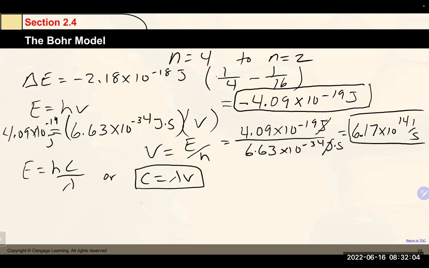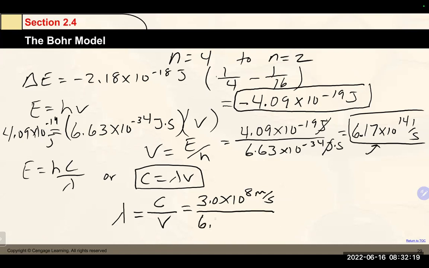So we will solve for the wavelength, which will be the speed of light divided by the frequency. The speed of light is a constant 3.0 times 10 to the 8 meters per second, divided by the frequency we just calculated, 6.17 times 10 to the 14 reciprocal seconds. Our seconds will cancel out, and it will leave us our wavelength in meters.